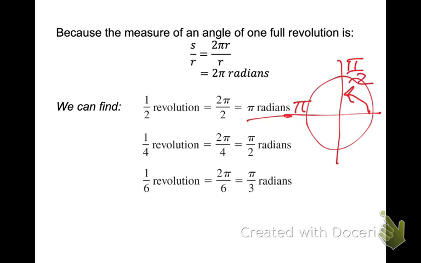Pi over 2. And then I had 1 pi over 2, 2 pi over 2, and then what? 3 pi over 2. Now, what if I wanted a sixth of a revolution? It'd be 2 pi over what? 6. And it would be pi over 3.